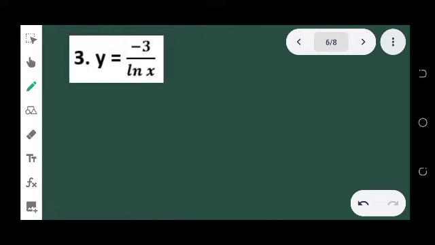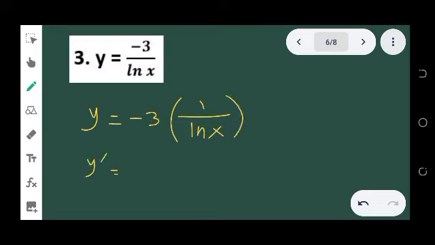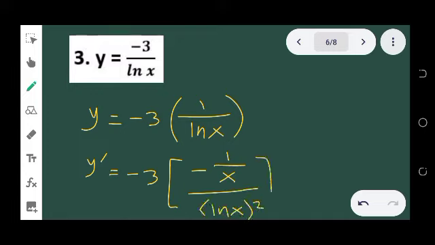Next, the third one. You have y is equal to negative 3 over ln x. The same thing, we take out the constant, negative 3, then 1 over ln x. So y prime is equal to negative 3 times the negative of the derivative of the function. The derivative of ln x is 1 over x, over the square of the function, ln squared x.